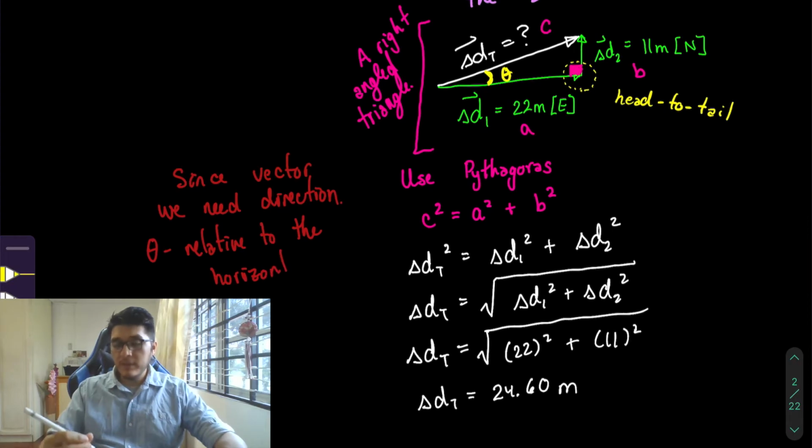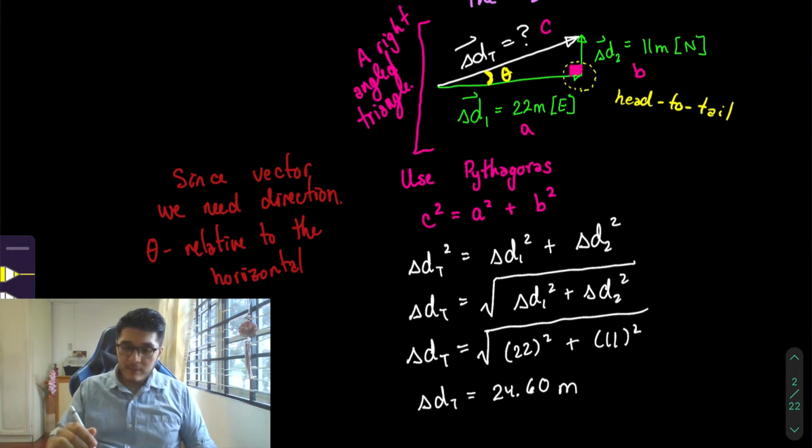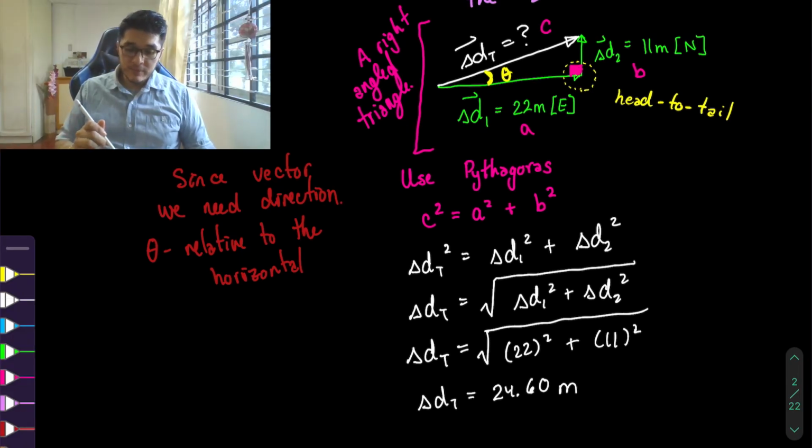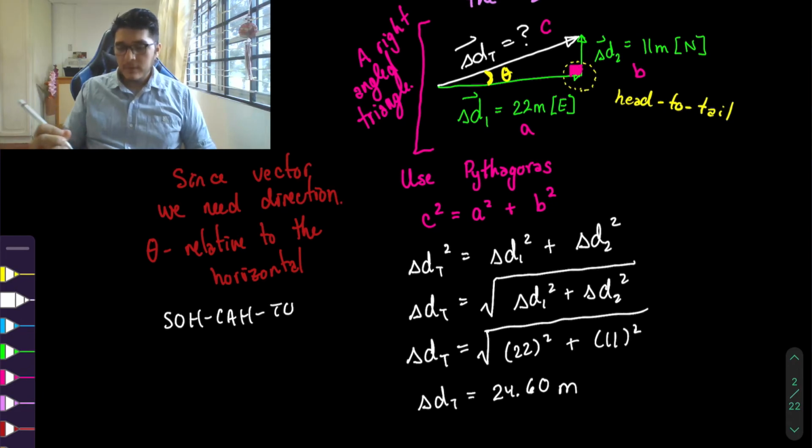Whenever in physics we say that, that means relative to the x-axis, or closer to the x-axis. But again, we're going to take advantage of something that we figured out before, that this is a right angle triangle. So whenever you have a right angle triangle, you can use the famous acronym SOHCAHTOA, which means sine, cosine, and tangent ratios. So let's use tan. That's my preferred one when trying to find directions.